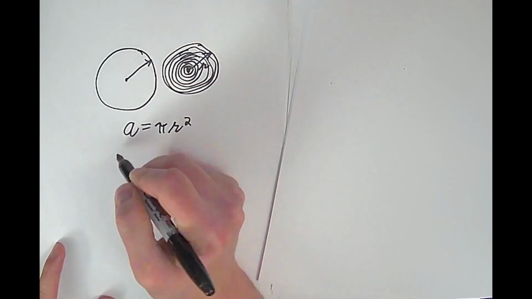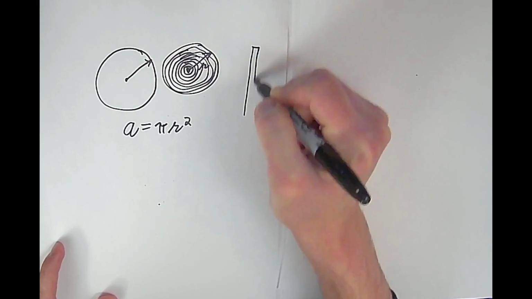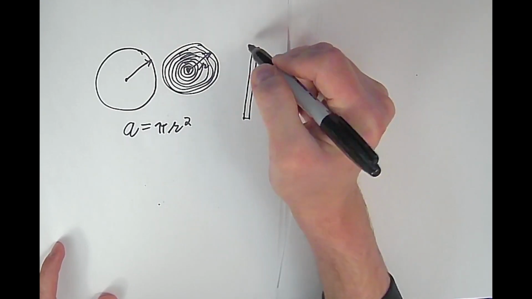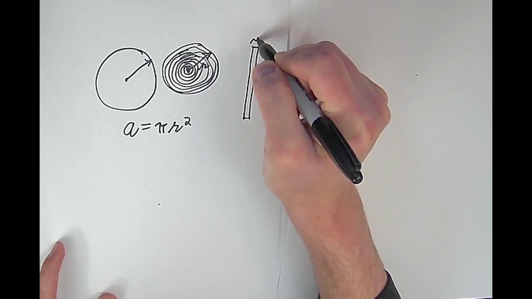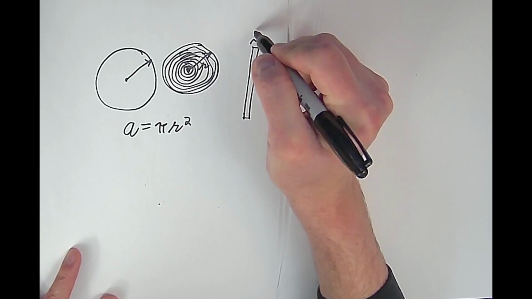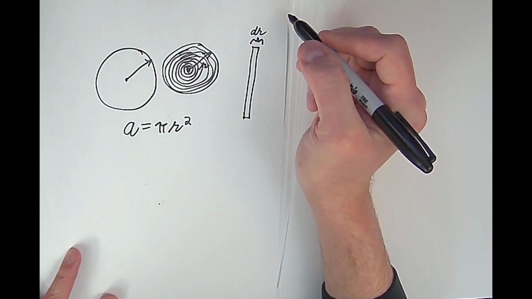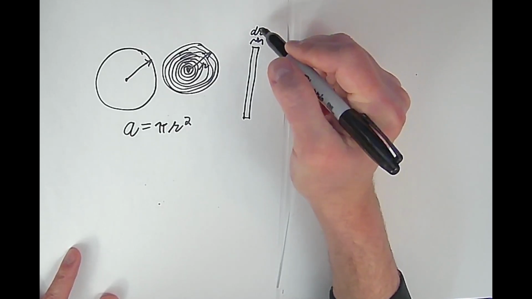Well, think of it as a strip with an almost infinitely small width, and we call that dr, and that's going to be the width.